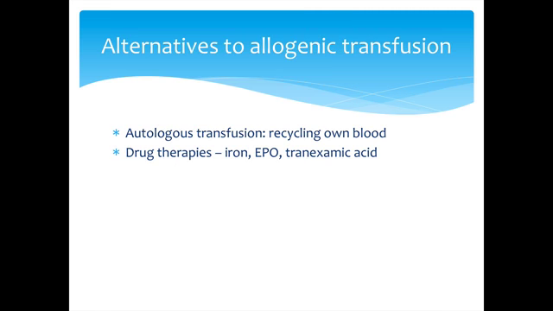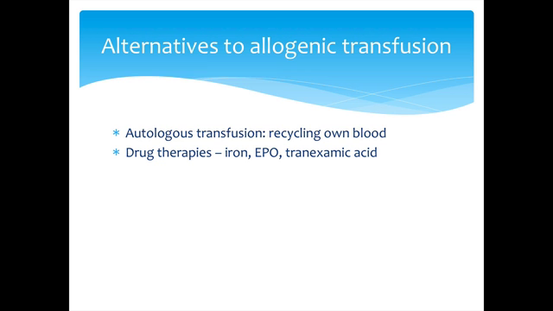So we've been discussing allogenic blood transfusions, so blood components taken from other people, but there are alternatives. So for example, if someone is a Jehovah's Witness and they're undergoing needed surgery, they might be offered an autologous transfusion, and that's where their own blood is recycled.